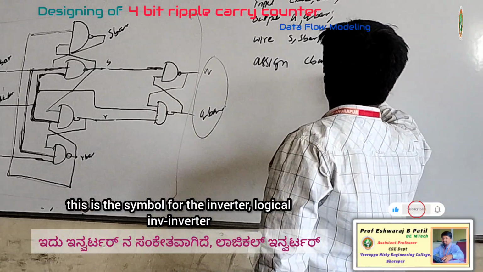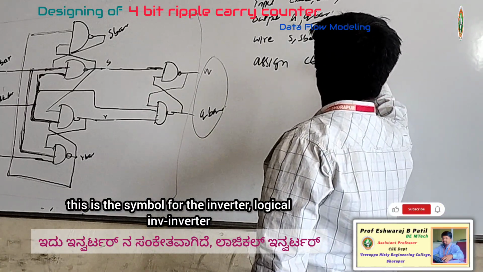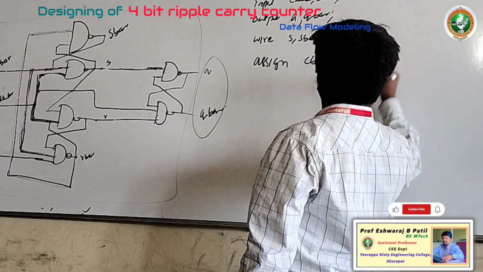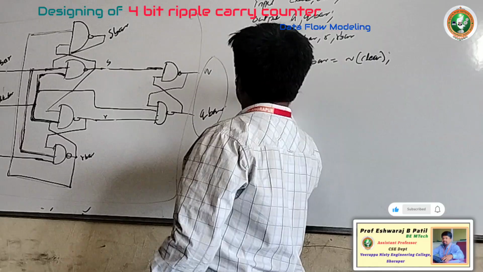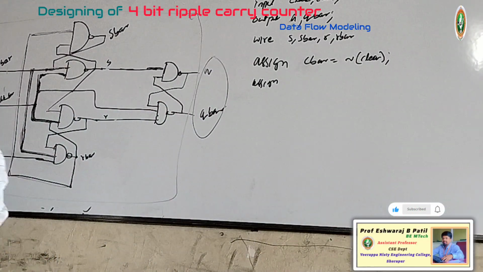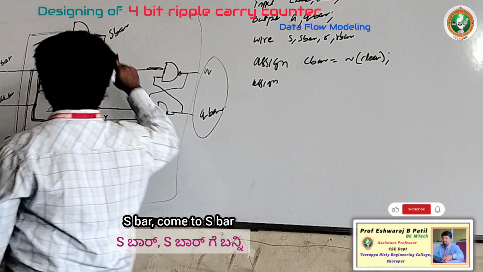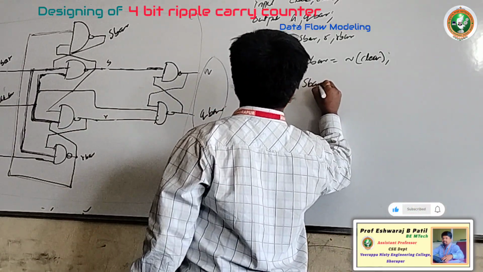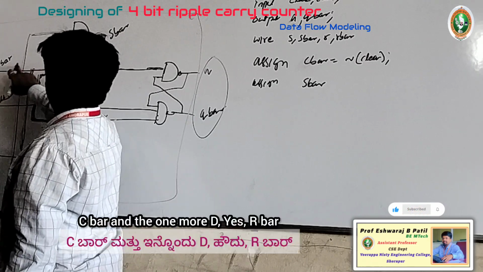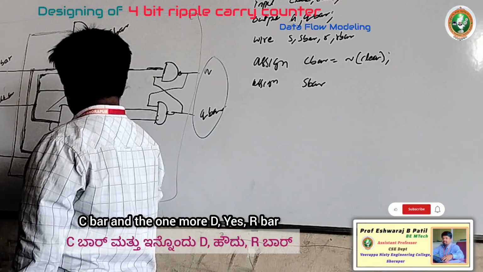This is the symbol for the logical inverter. What is the input for the inverter? Clear. Next, assign S bar. What are the inputs for the S bar? C bar and one more, R bar.